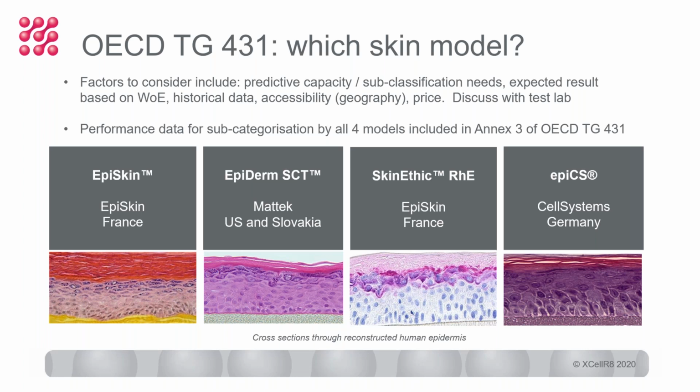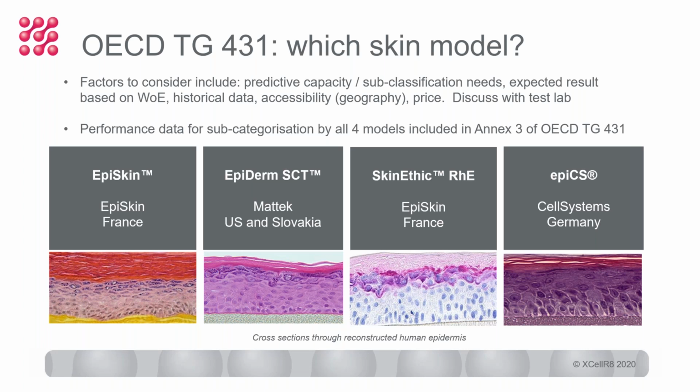And you may have an indication of your expected result through your weight of evidence approach. I think also a lot of companies have gathered historical data over the years using a particular skin model, and then it can be considered a little bit inconsistent maybe to change, or there might be a reluctance to change if you're very familiar with one model and you know that it works well.